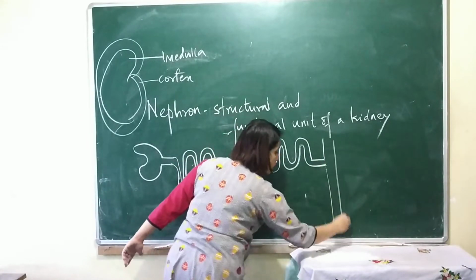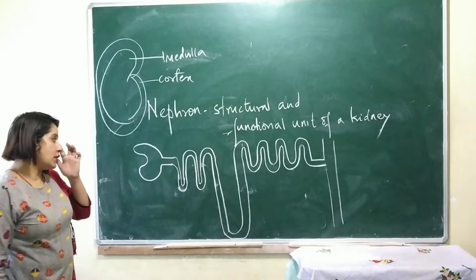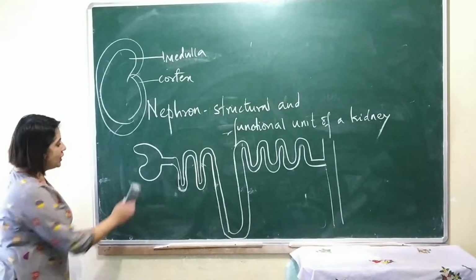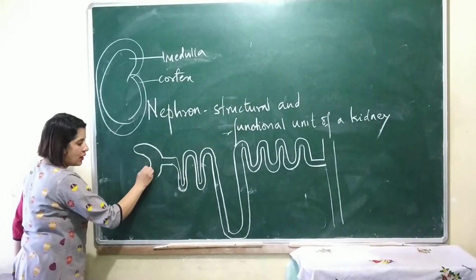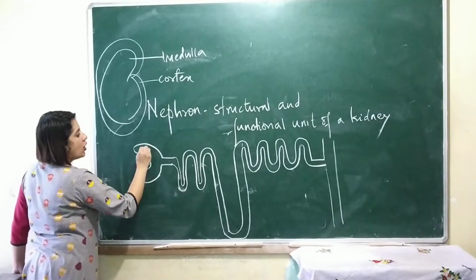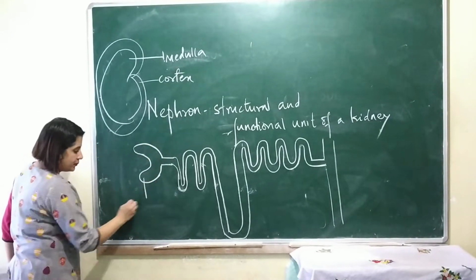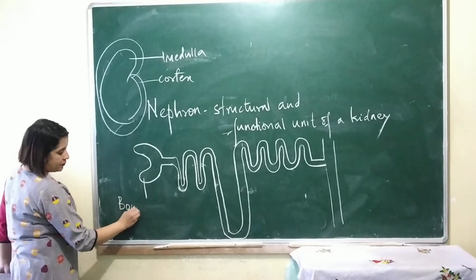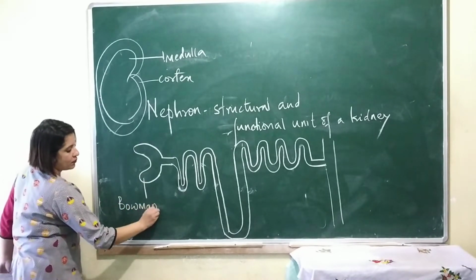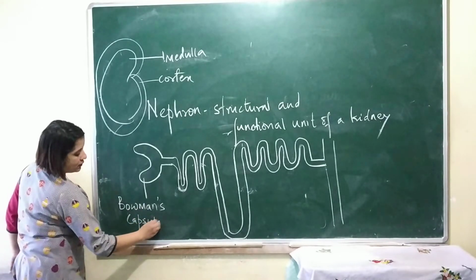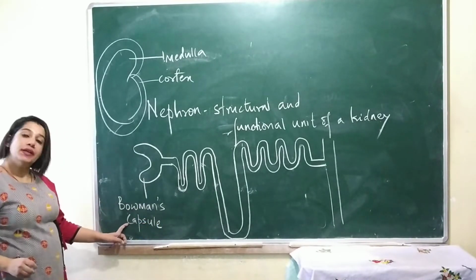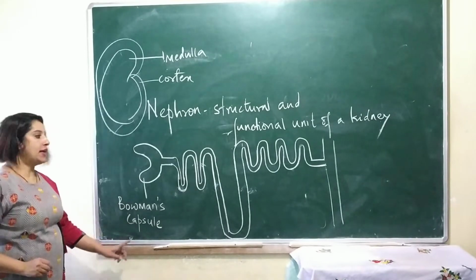I'll tell you the names of these different structures. Now this cup-shaped structure of the nephron is called Bowman's capsule.